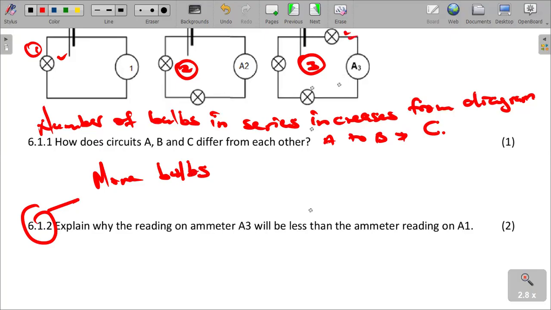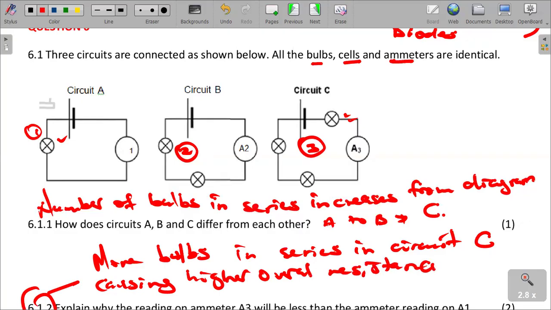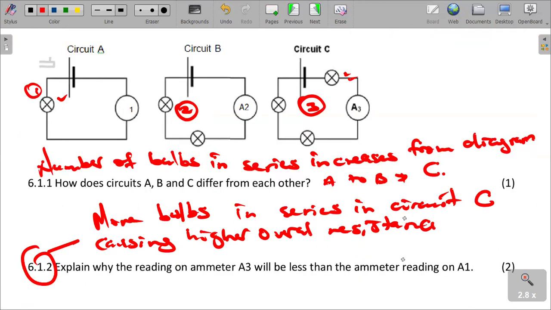We have 3 of them, more bulbs in series in circuit C. In circuit C we have 3 bulbs, resulting in higher overall resistance, causing higher overall resistance.